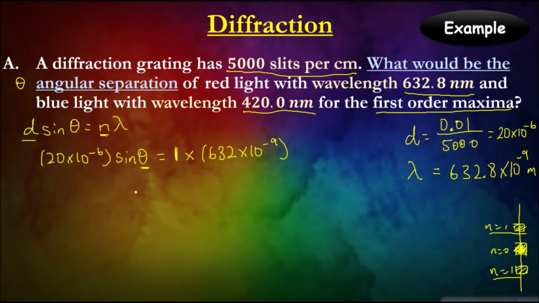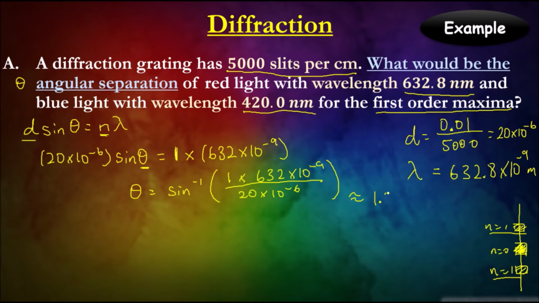So theta is the sine inverse of 1 multiplied by 632 times 10 to the power of -9 over 20 times 10 to the power of -6, and it's approximately 1.8 degrees for the red light. That's the angle of diffraction from the center point if we were looking at red light.